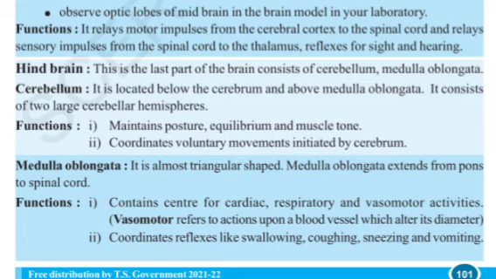And the medulla oblongata is very important. It is almost irregular in shape, and it extends up to the spinal cord, the last part of the brain. It contains centers for cardiac, respiratory, and vasomotor activities. Simply you can say respiration, heartbeat, and the digestive system.